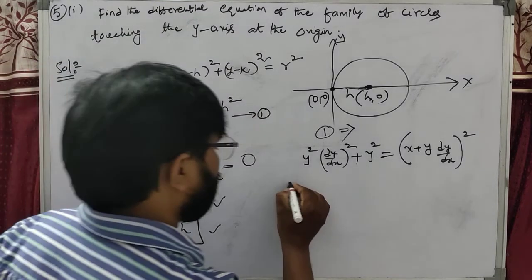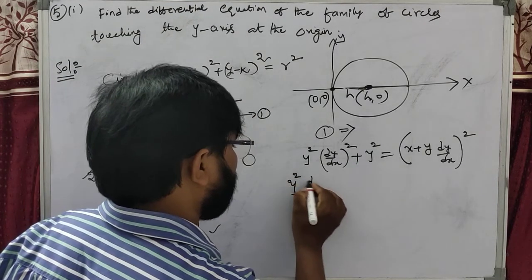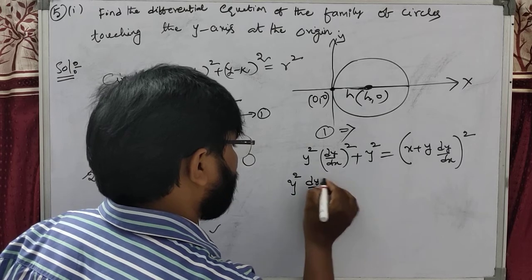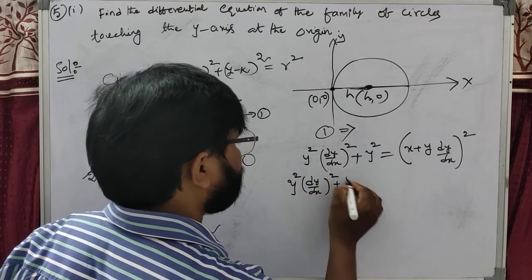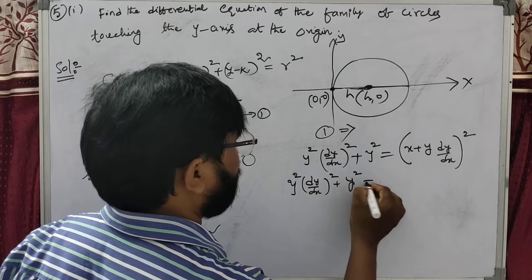We can write this as y²(dy/dx)² plus y².